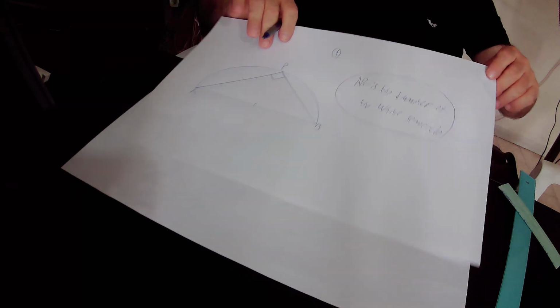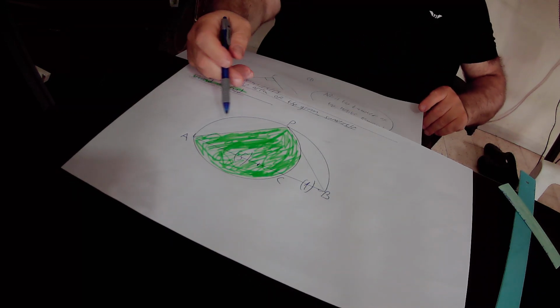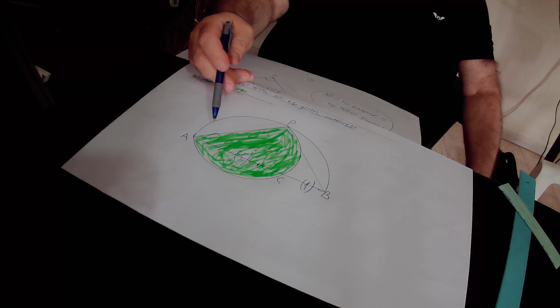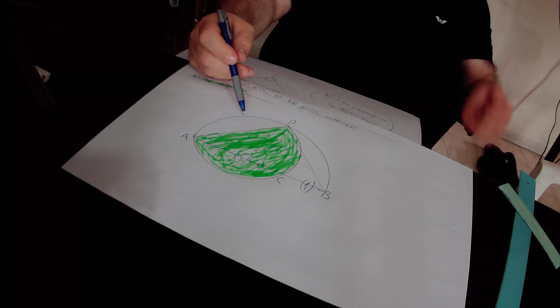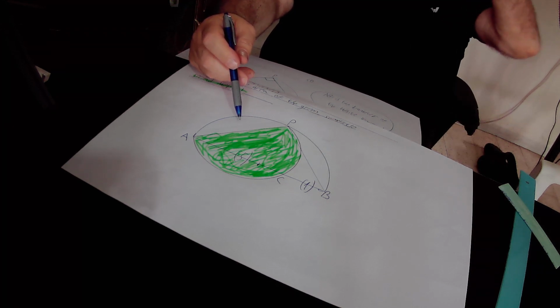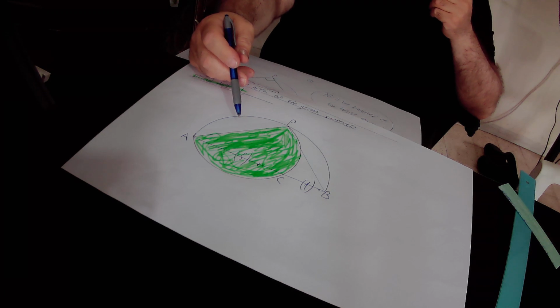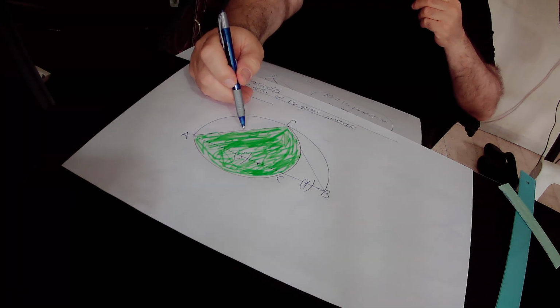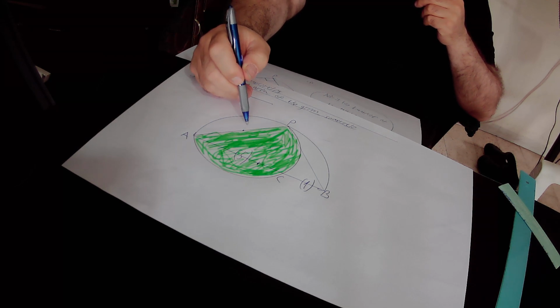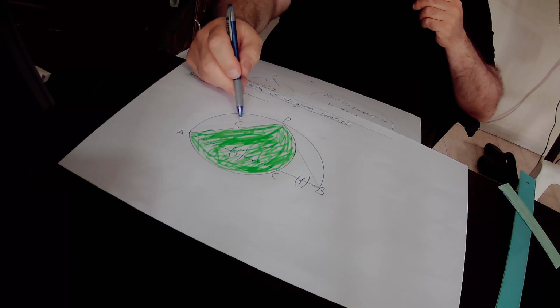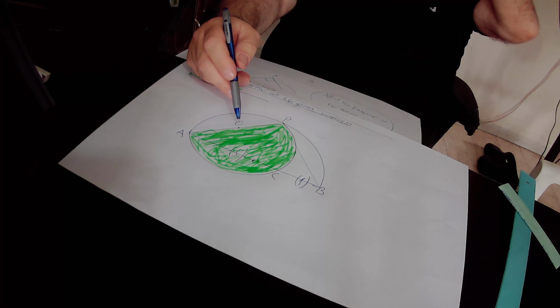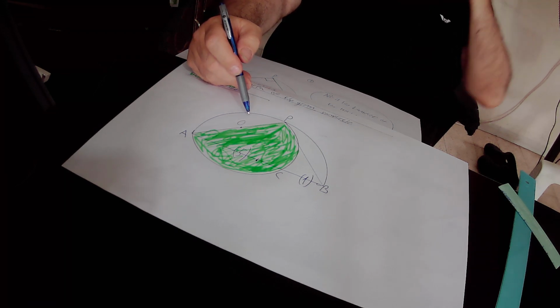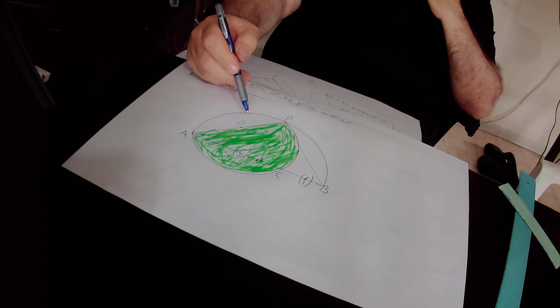And PA is the diameter of the green semicircle. If PA is the diameter, then the radius must be half of it. So if this point O is the center of the green semicircle, it means that PO must be the radius. Again, if point O is the center of this semicircle, PO must be the radius of the green semicircle.